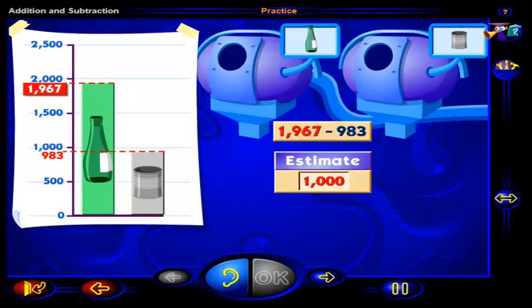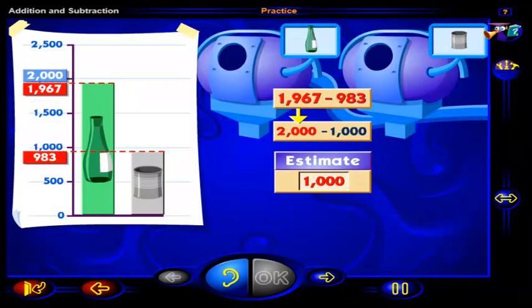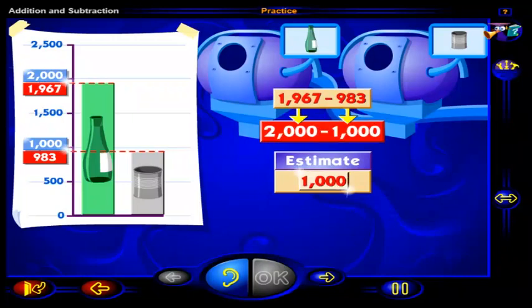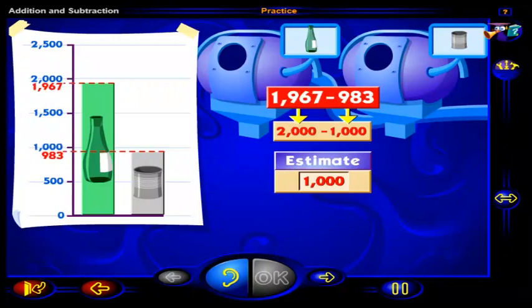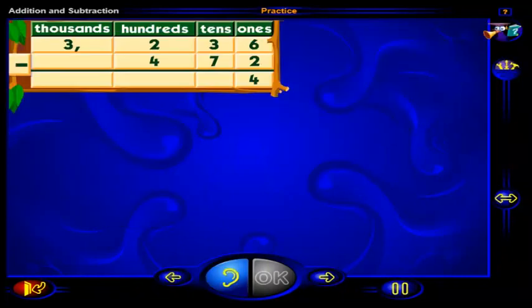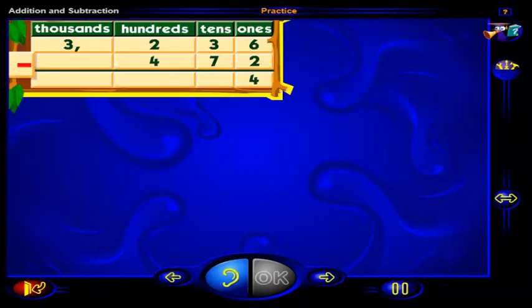1,967 is close to 2,000, and 983 is close to 1,000. The difference between 2,000 and 1,000 is 1,000. So the difference between these numbers is about 1,000. Can you complete this subtraction?